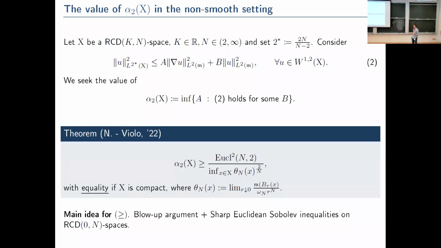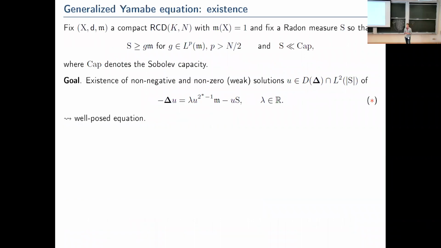So this is to prove the greater or equal. And for me, it was key to get a precise characterization of alpha, because I want to speak about the generalized Yamabe equation in this setting.